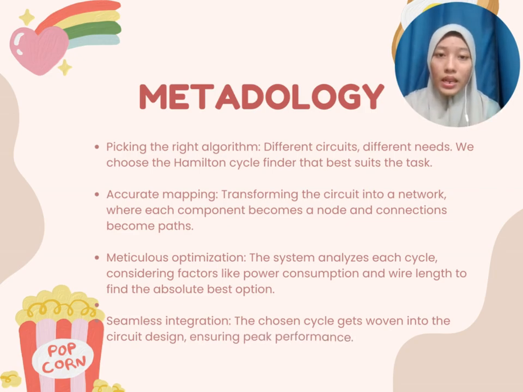The system analyzes each cycle, considering factors like power consumption and wire length to find the absolute best option. And the last one is seamless integration, where the chosen cycle gets woven into the circuit design, ensuring peak performance.